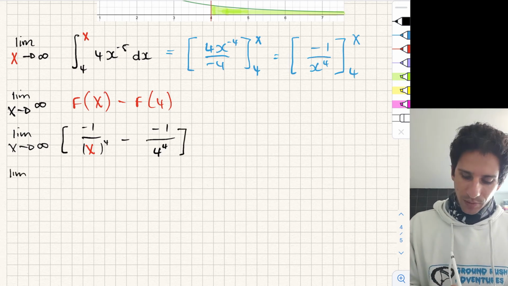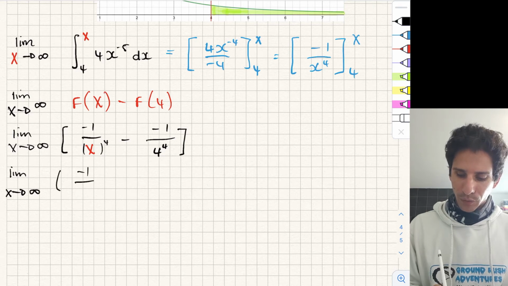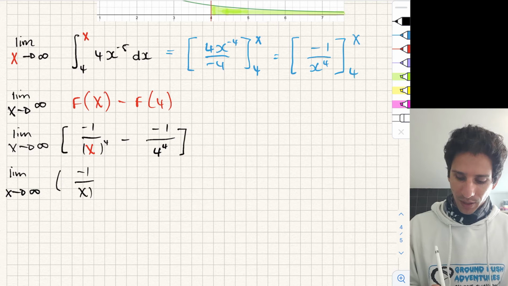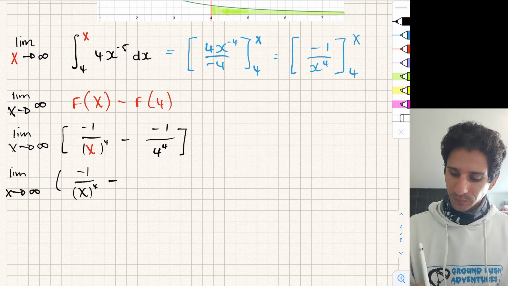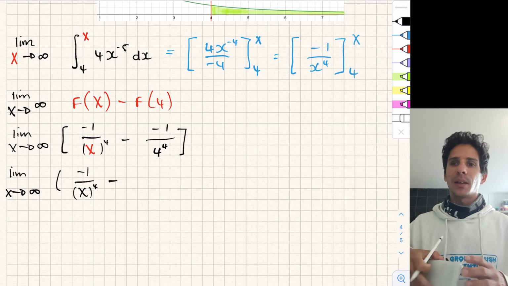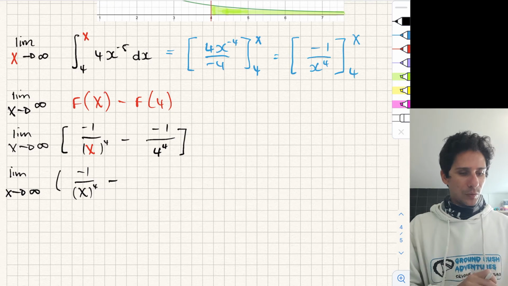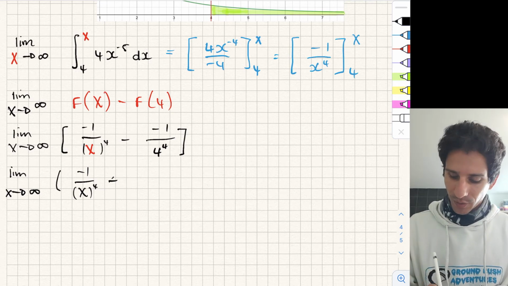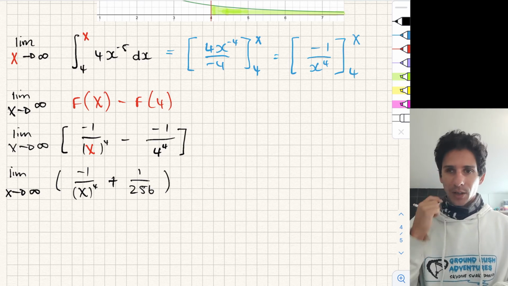We're still having to write this limit because we still haven't assessed the limit as x approaches infinity of minus 1 over this number x, whatever it is, to the power of 4, take away, this take away a negative number is going to give me a positive number, and we can quickly go 4 to the power of 4 is 256, so we're going to have plus 1 over 256.